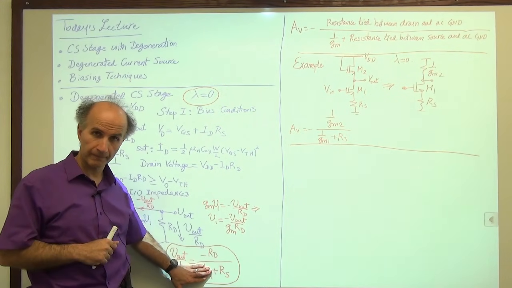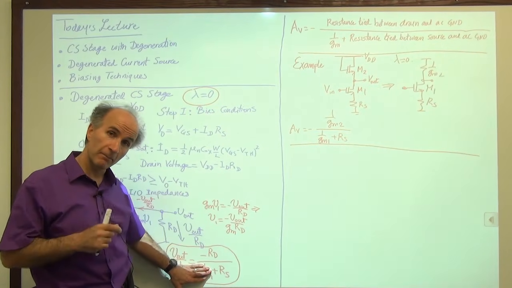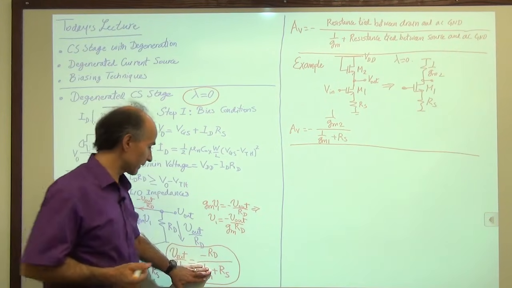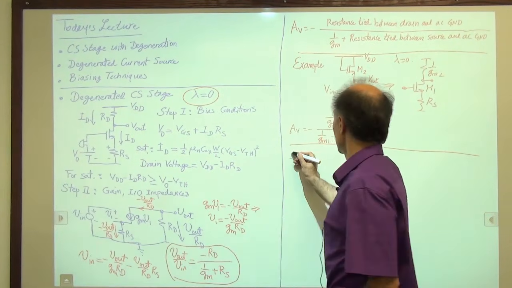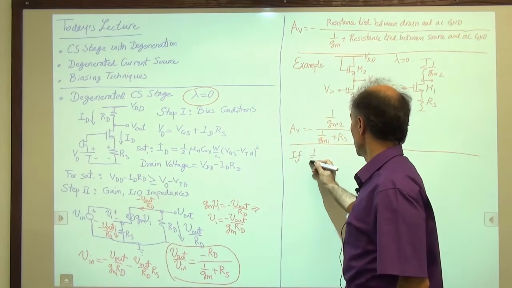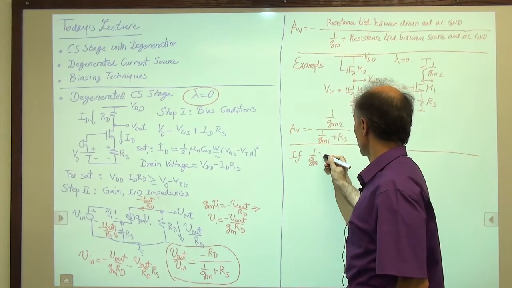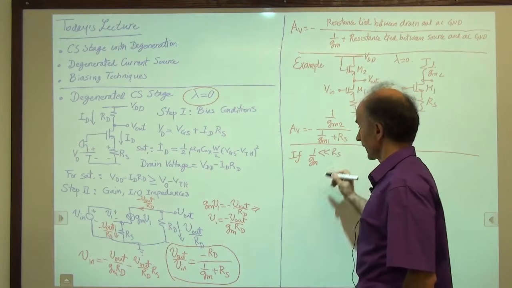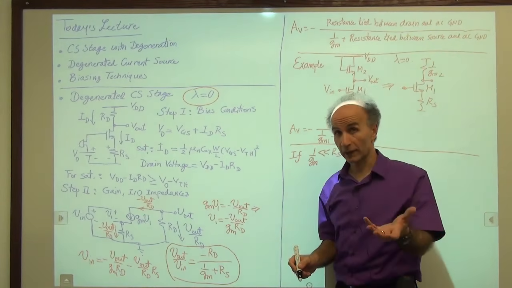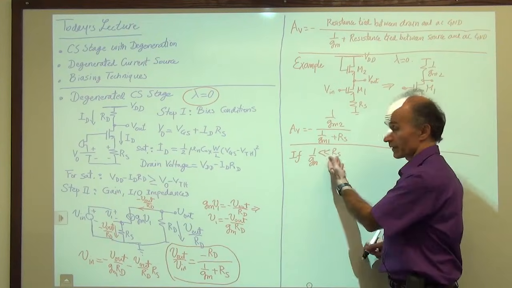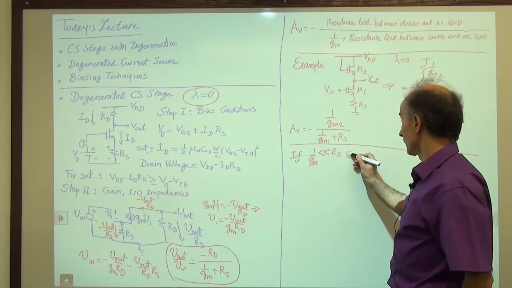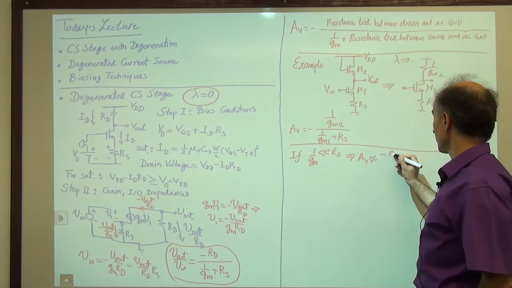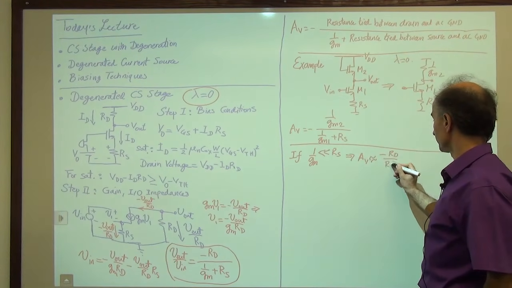all these things. In fact, if we manage to do this, it's actually difficult in design, but if we manage to create this condition, 1 over GM is much less than RS. That means that, for example, we chose GM to be quite large, so that 1 over GM is quite small. Then we have AV approximately equal to minus RD over RS.